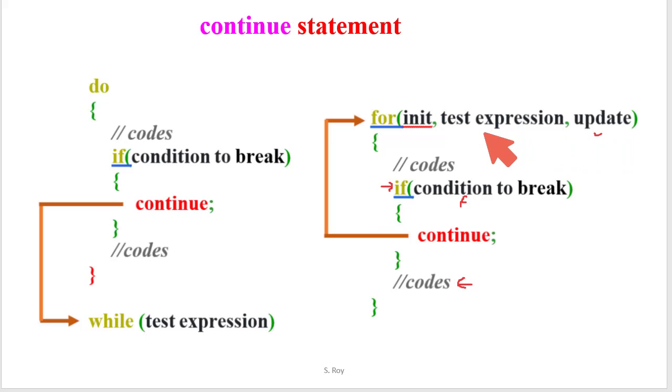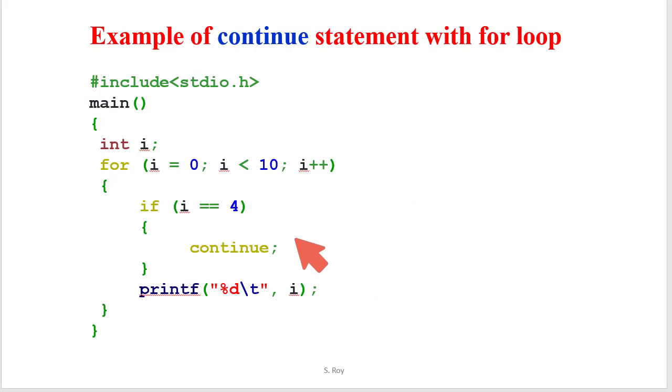Again check the test expression and enter into the for block. When this if condition provides true, this continue statement will be executed, and when this continue statement is executed, the rest part of the for block will not be executed. The execution will directly go to the start of the for loop again.